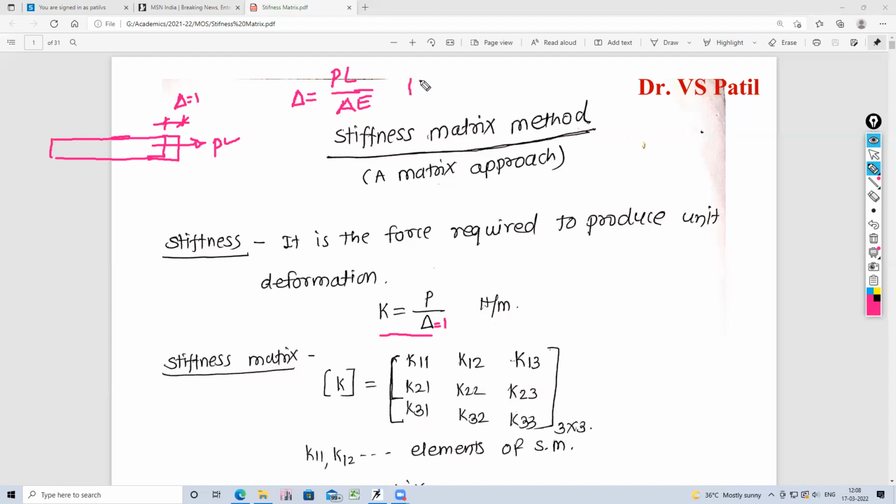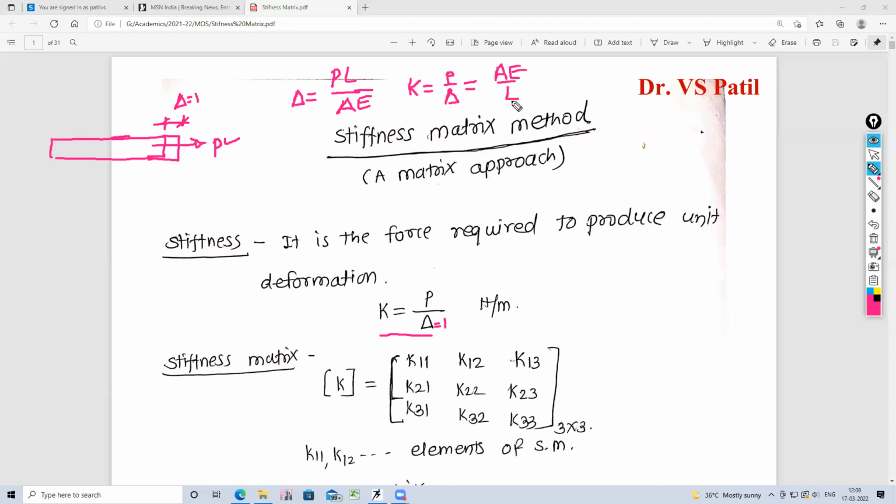From this we get K equals AE divided by L. Therefore, axial stiffness is given by the ratio AE divided by L.